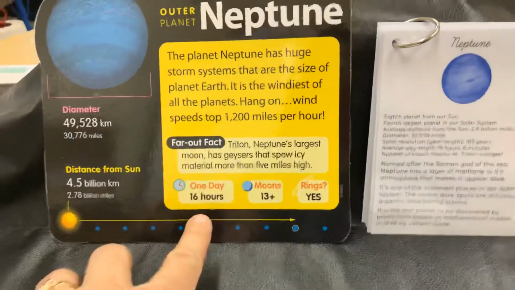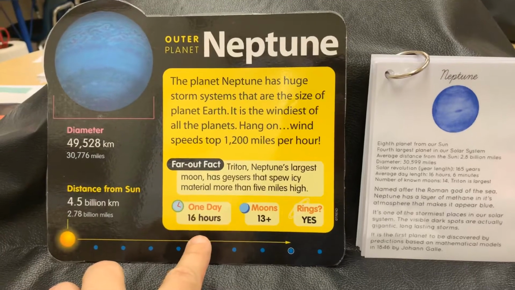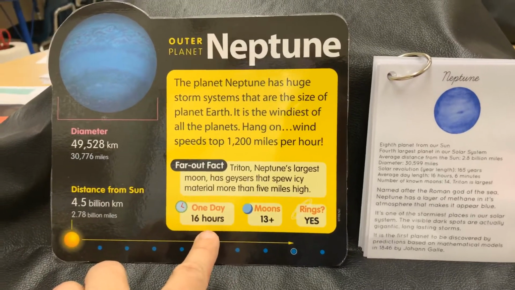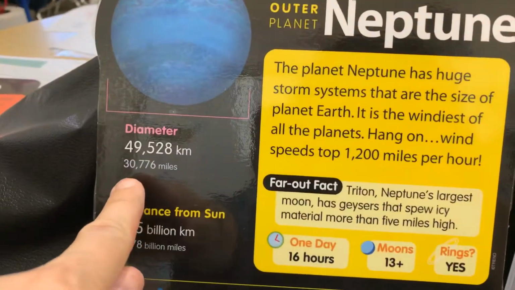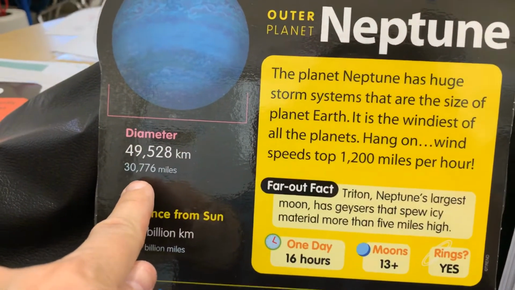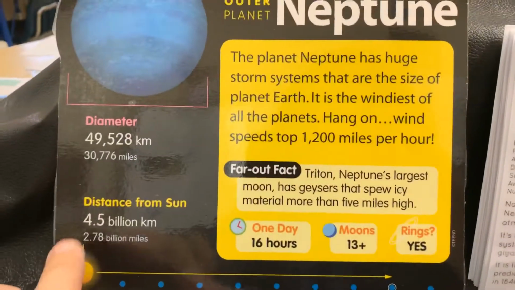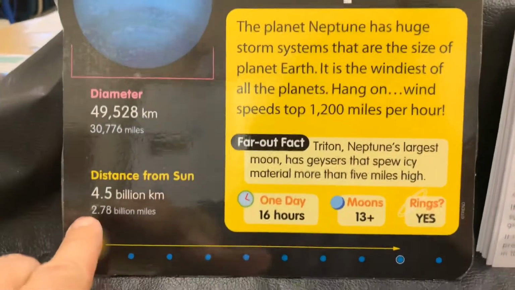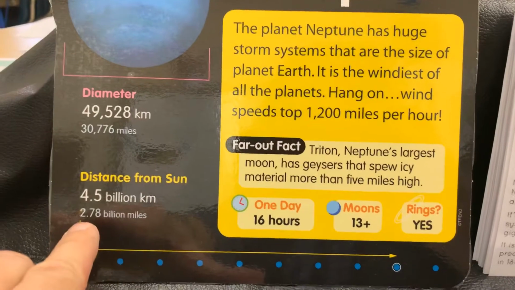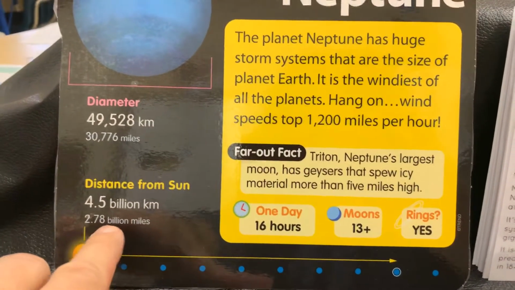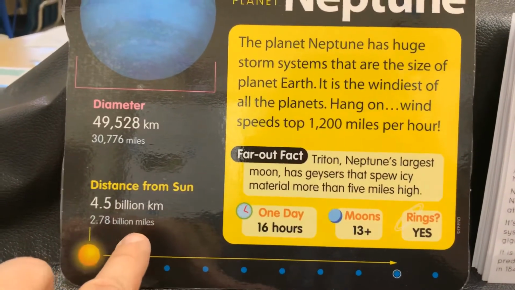What about one day? How long is Neptune's day? You got it. What's the diameter of the planet? 30,776 miles. What is its distance from the sun? How far away? We're going to do it in miles. 2.78 billion miles, but we're just going to say 2.78 billion miles.